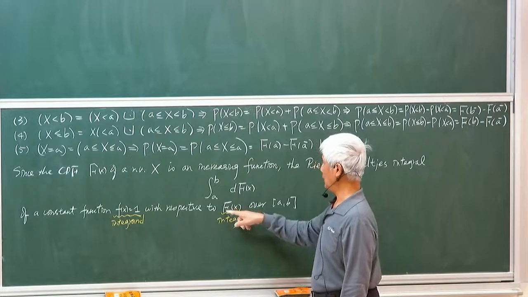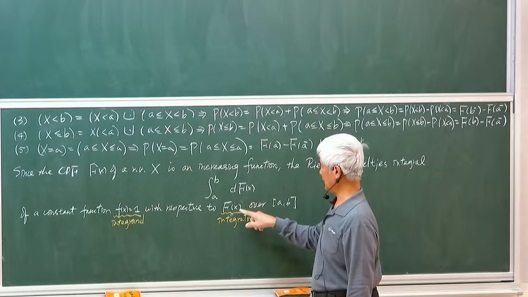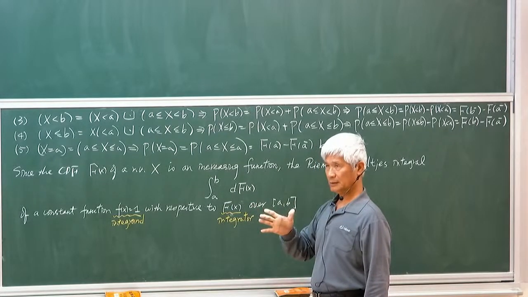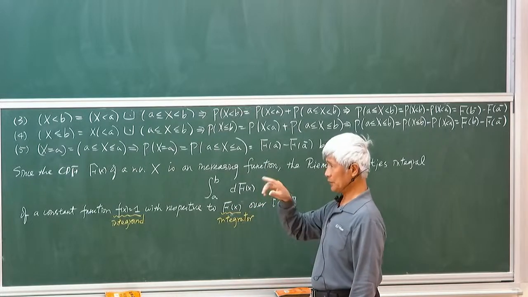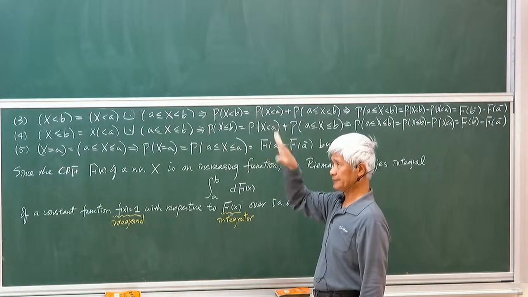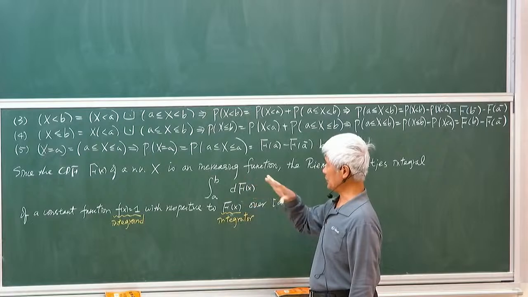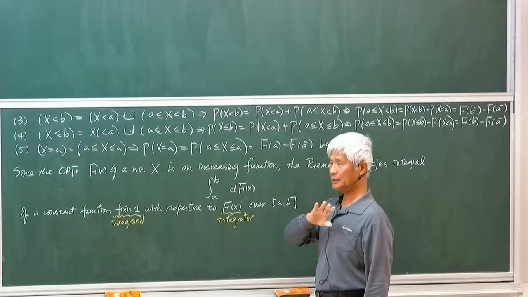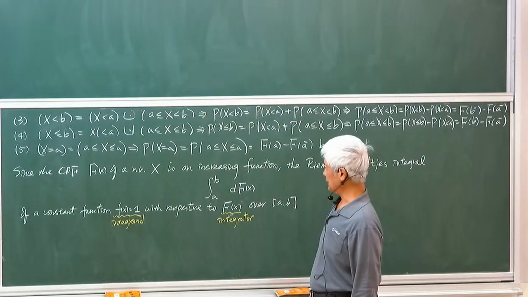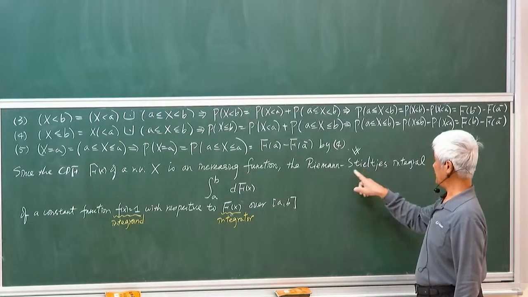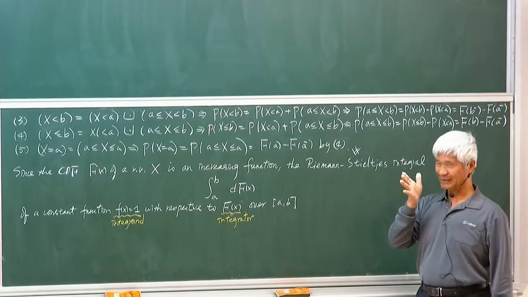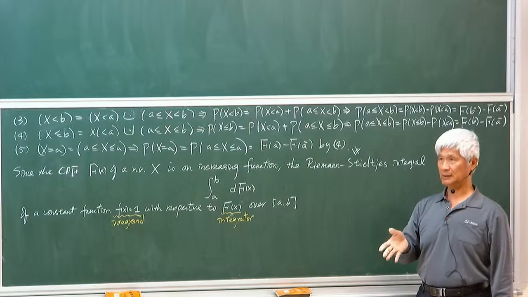So when the integrator is x, the linear function, then it's also an increasing function. So any increasing function can be an integrator. Right, and so the Riemann-Stieltjes integral is an extension of the Riemann integral.